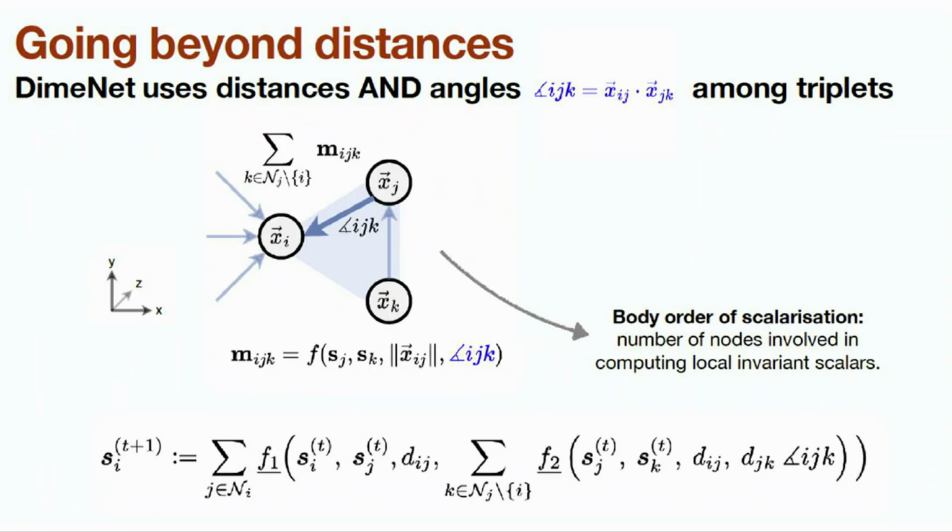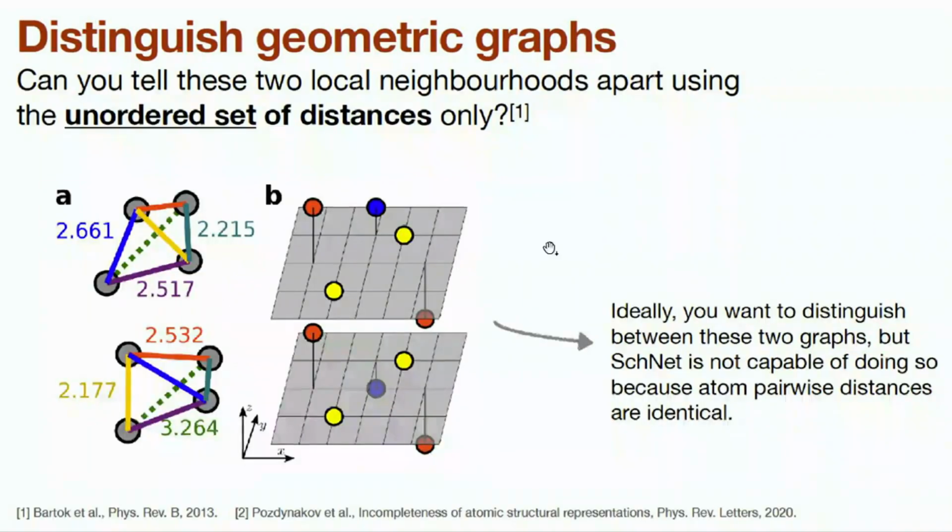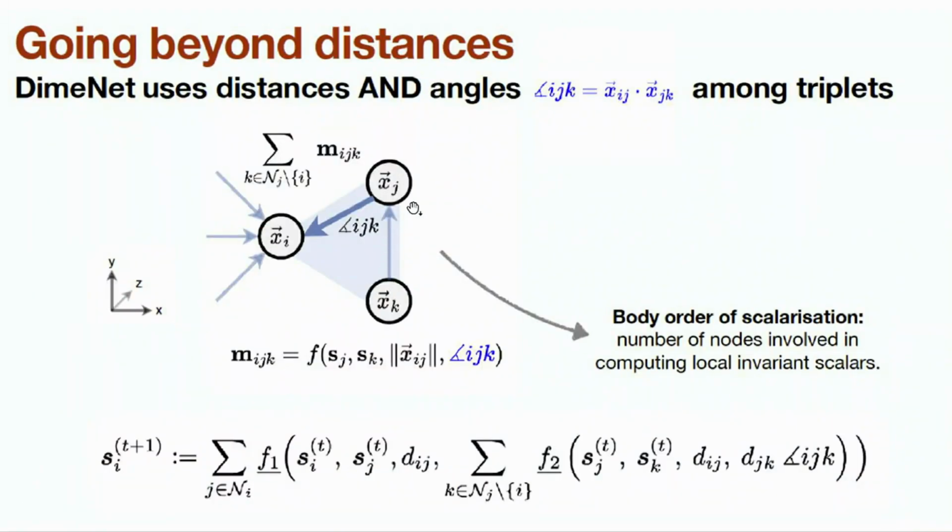So now that we compute every three-body order of scalarization, we'll be able to tell the difference between this point and this point, because their angle is different with respect to the red point. The body order of scalarization is defined by the number of nodes that are involved when we compute these local invariant scalars. So here we have three bodies, so the order is 3.